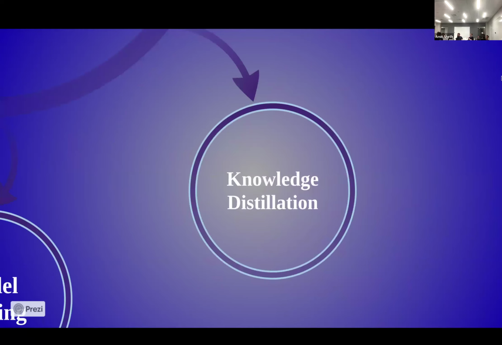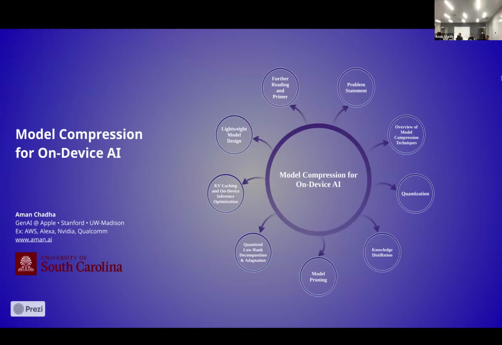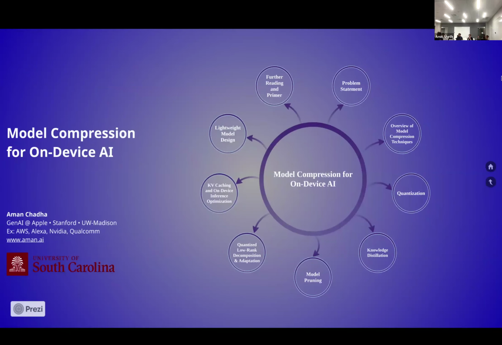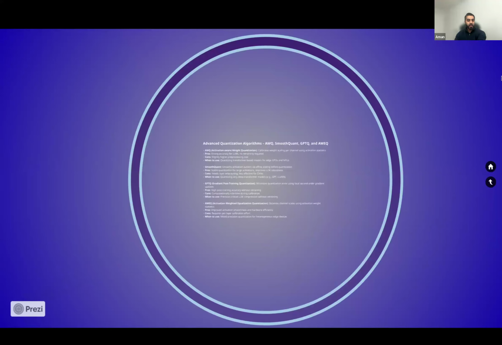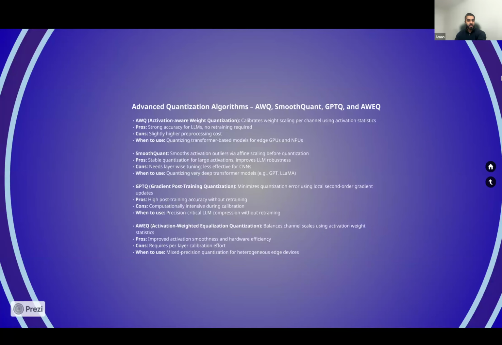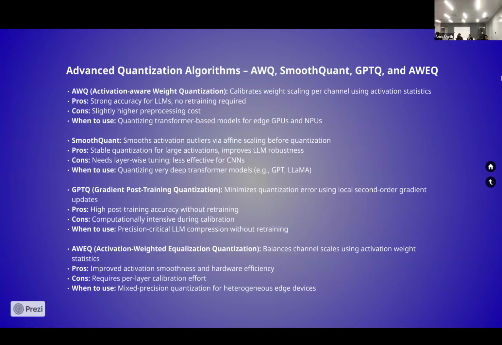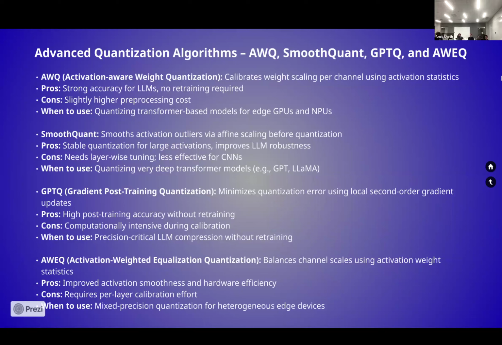Do you see? AWEQ, I think is what he was asking about. Yeah, if you go into the quantization, one slide prior here. Yeah, this is the one. Sorry, what's the question again? So what are the issues in activation weight? How is it tied to the tokens?